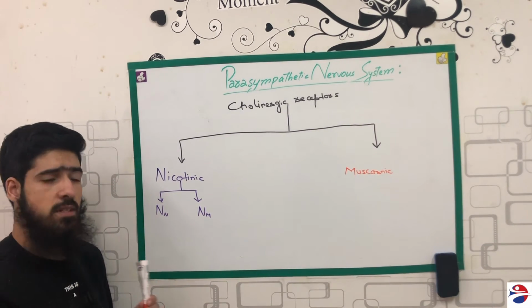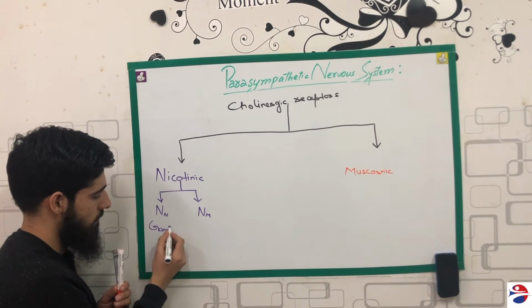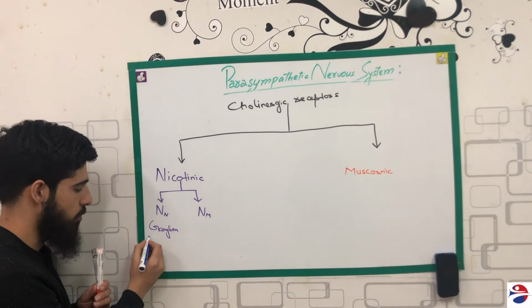NN type is present in ganglia and adrenal medulla.